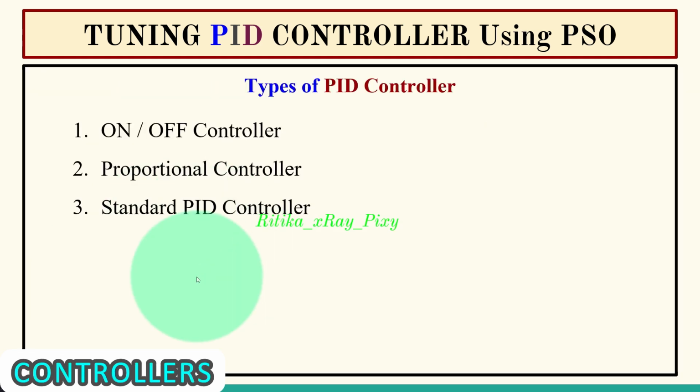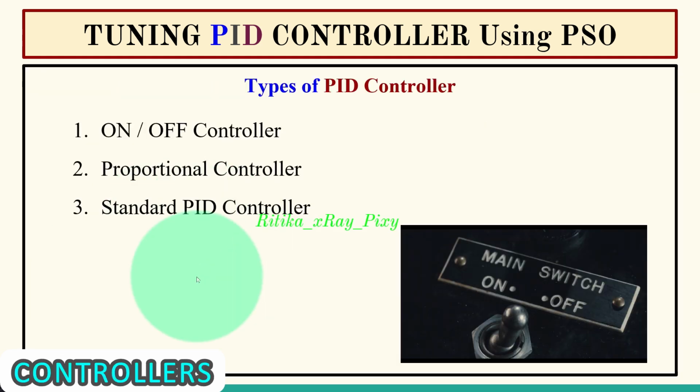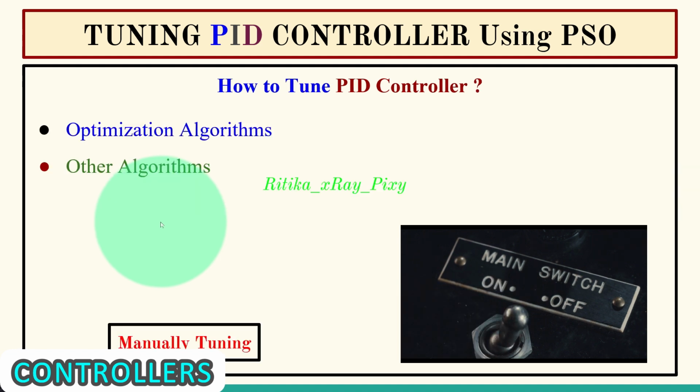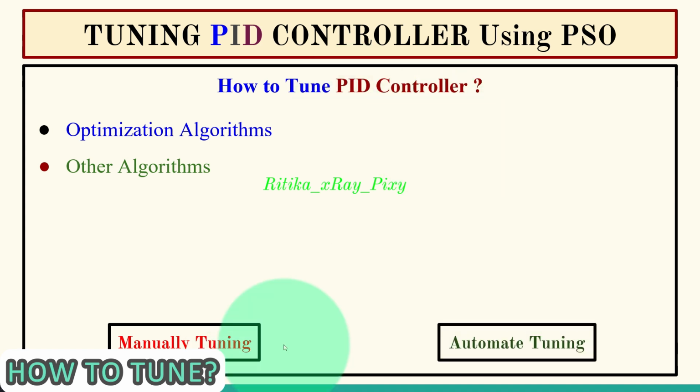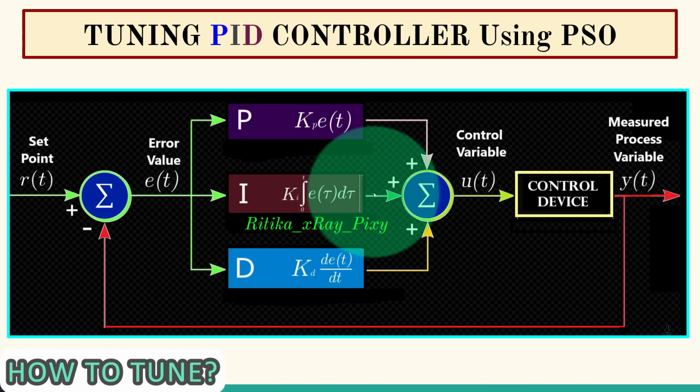Now you can see there are different types of PID controller. For example, we have the on-off controller, the proportional controller and the standard PID controller. Now we look at how to tune a PID controller. Either we can do manual tuning or automatic tuning. Now we will discuss the working principle of the PID controller.